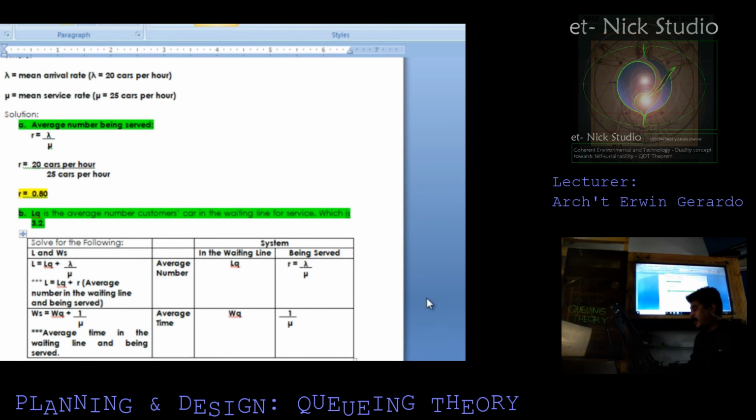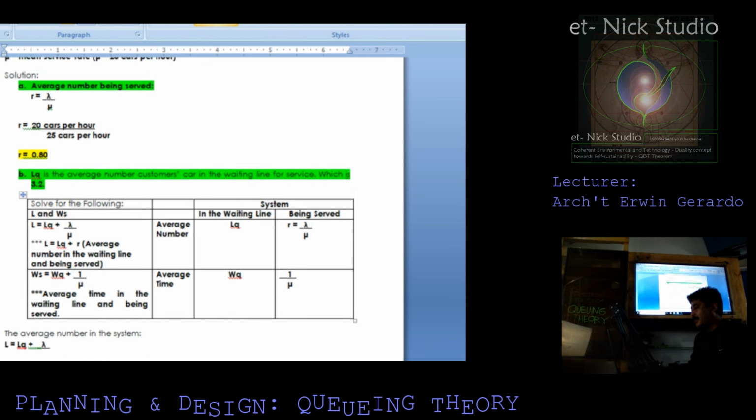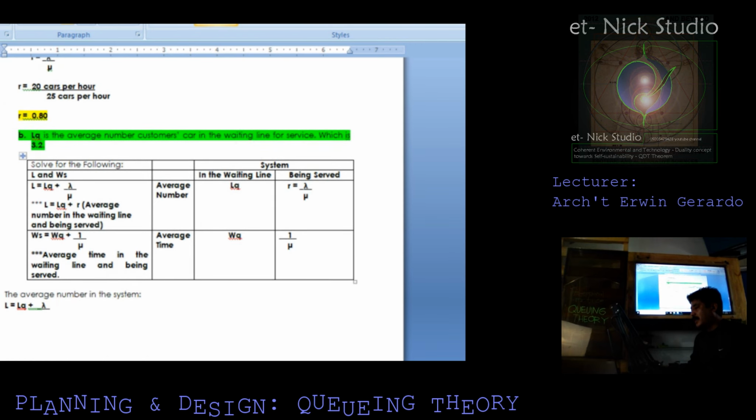So how did we arrive at this? Of course, you were able to assess this 3.2 through averaging. This can be performed through actual count or through observation. So this is already the value, where LQ is the average number of customers' cars in the waiting line for service.